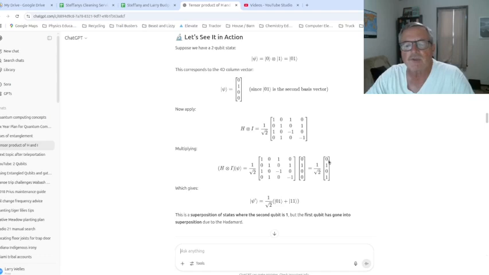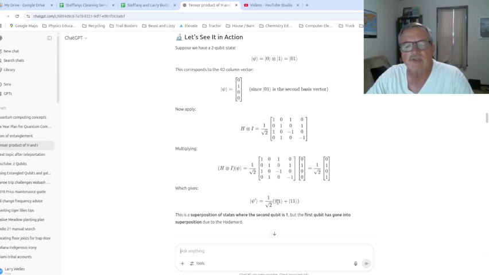Now, if that isn't too much gobbledygook, you can think of this as 0, 1, 0, 0 plus 0, 0, 0, 1, which would be these two states. And what I want to point out again in this case is that the second qubit did not change.